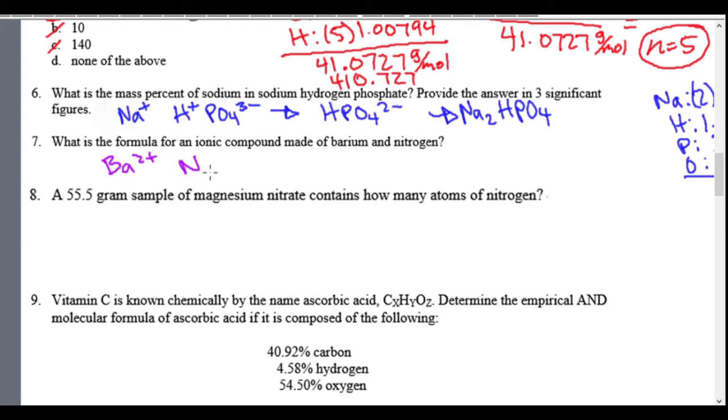It's in group 5A, so that's actually going to be 3-. So swapping charges, that would give us Ba3N2. No reduction can be done, so we are good there. That would be our final answer.